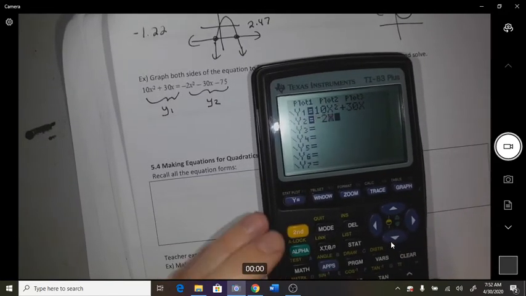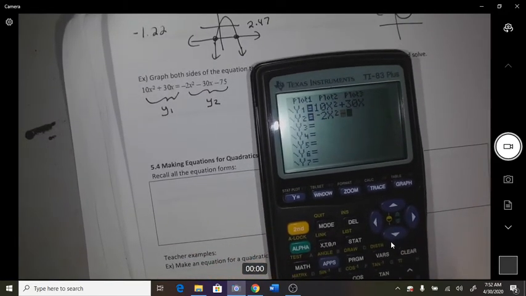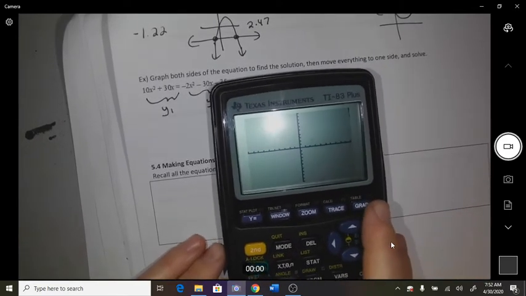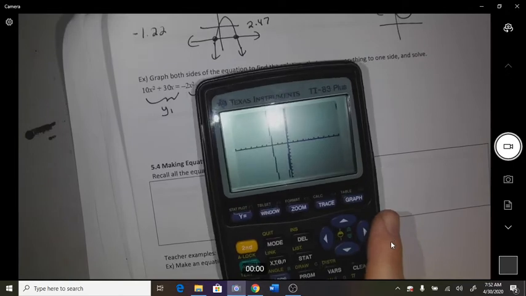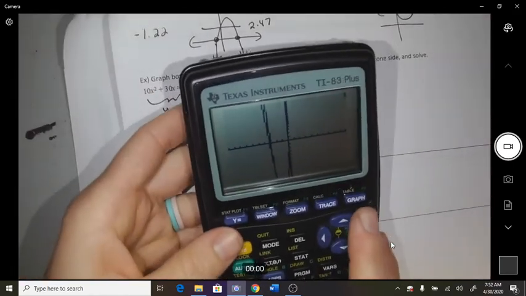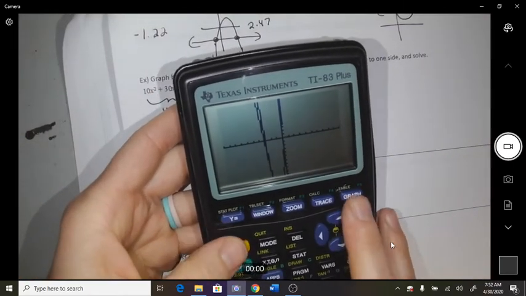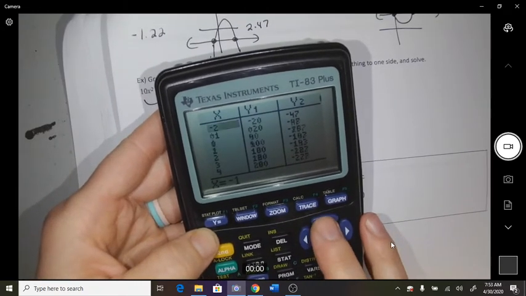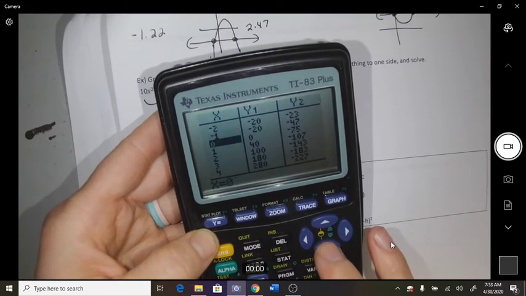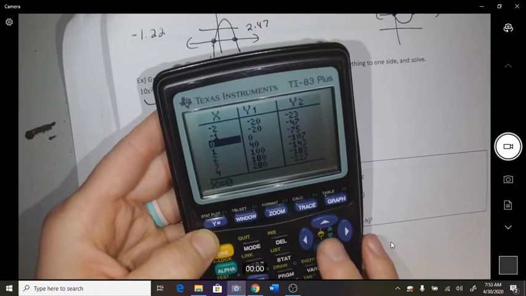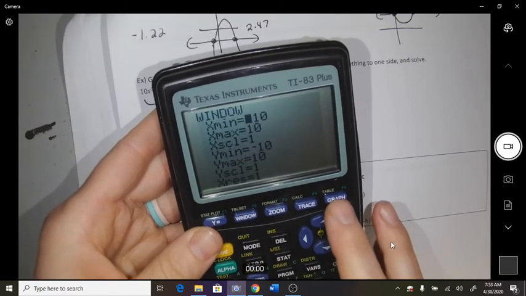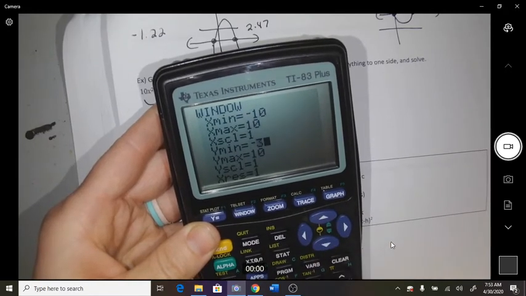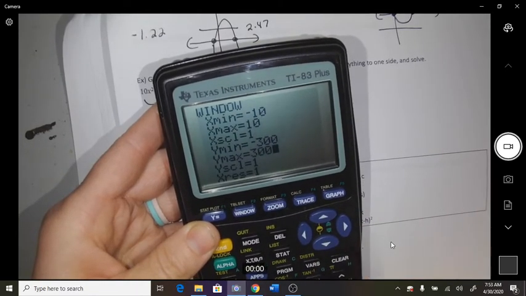You might have to adjust our window. So if you go to your table of values, you can kind of see some of these. So maybe we will want to go from -300 to 300. We'll just see what happens.